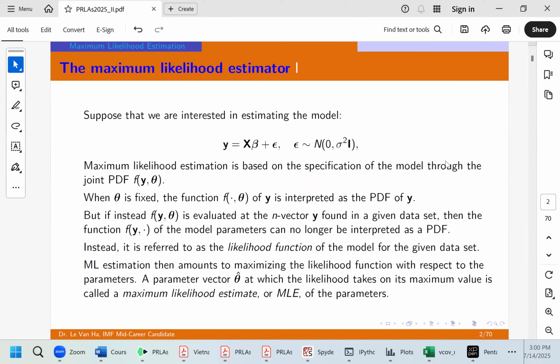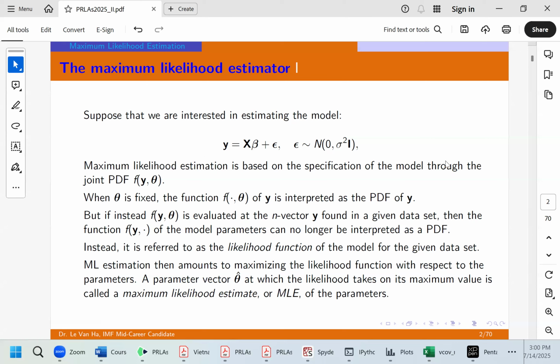The F is like normal, theta will be mean and variance. If you know this is normal, mean is 5, variance 10, you can get all the Y that you want. Is that right? Get it?